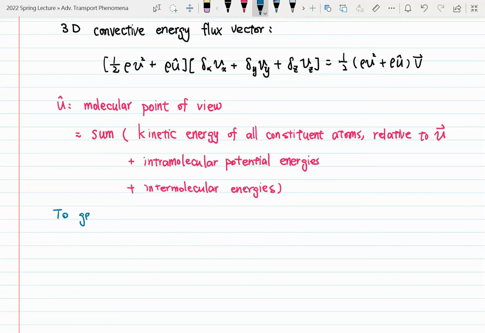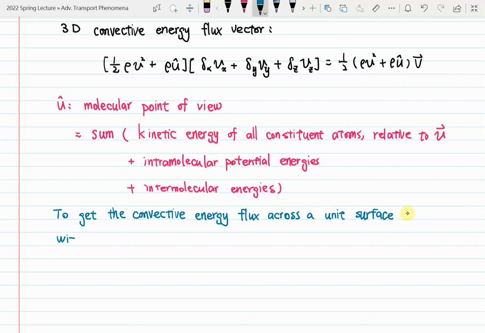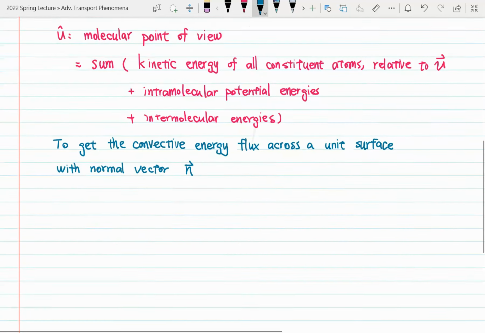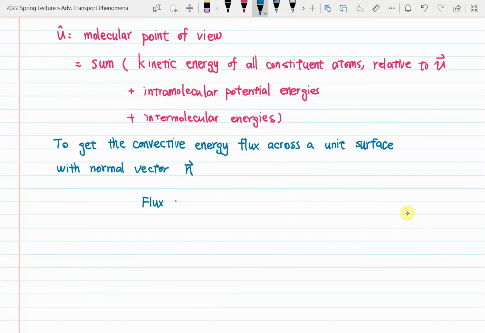To get the convective energy flux across a unit surface with normal vector n, we have the flux equals the dot product of n with the convective energy flux vector.